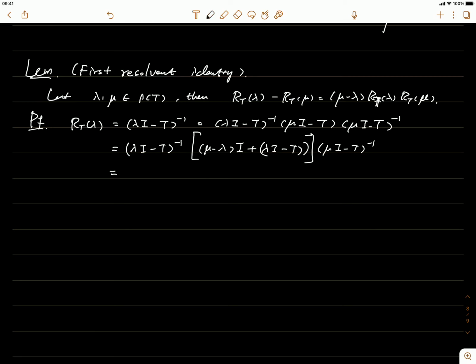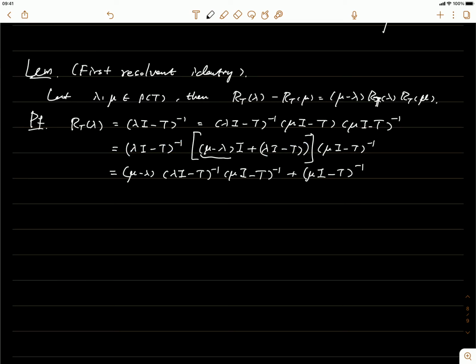For the first one, I get just a scalar: (mu minus lambda) times (lambda I minus T) inverse times (mu I minus T) inverse. For the second combination, I can see that these two cancel, so I only have the last one left, which is this.